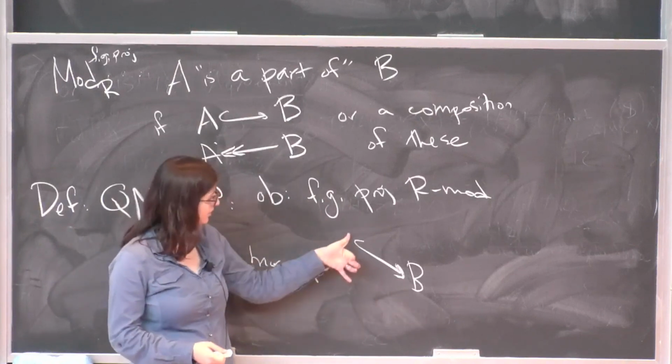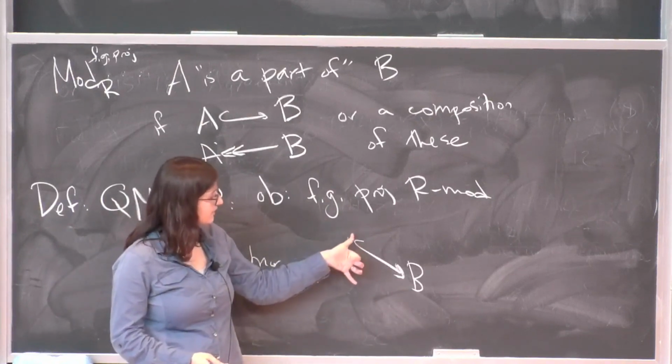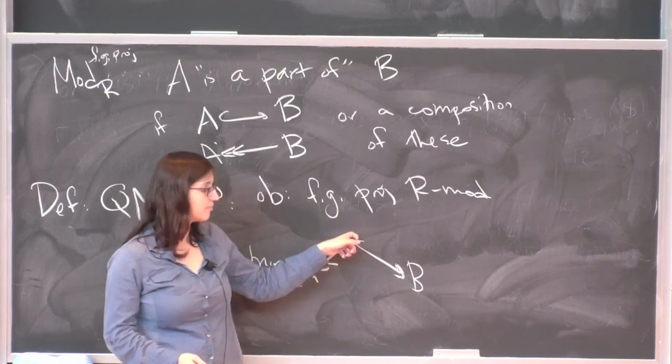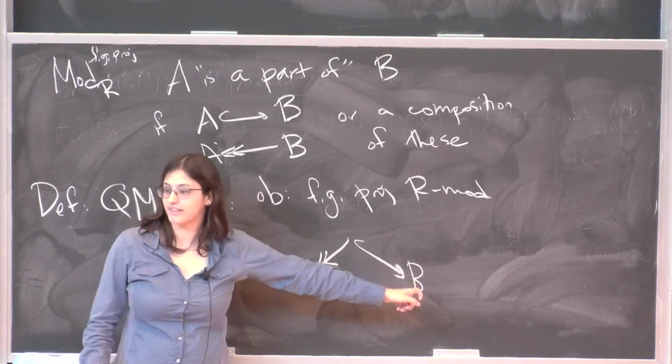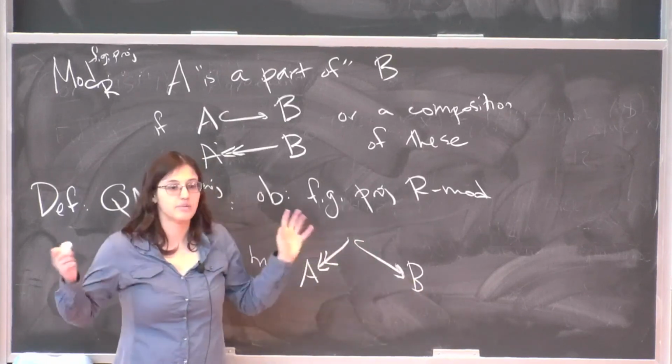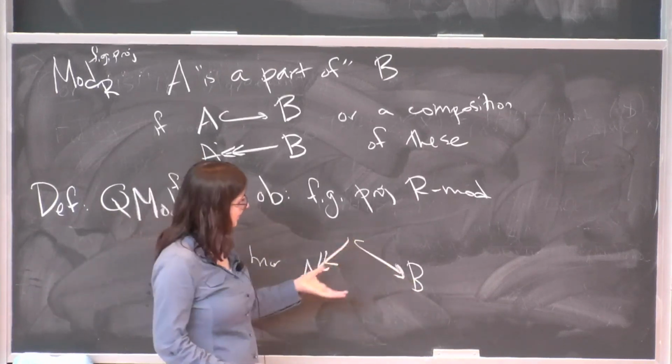You want to take equivalence classes of these, where if I take a module here, and then I take an isomorphic module that sits the same way inside B, I'll say, oh, they're the same thing. But this is what we're saying.